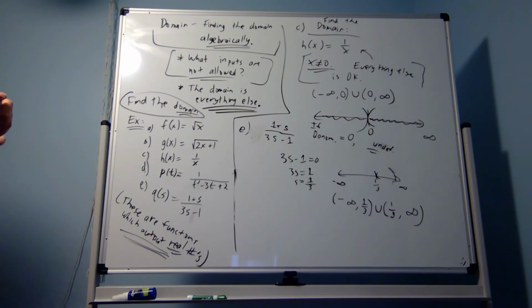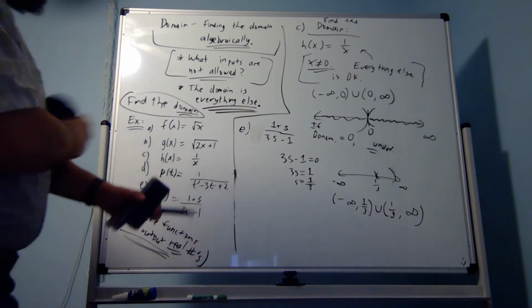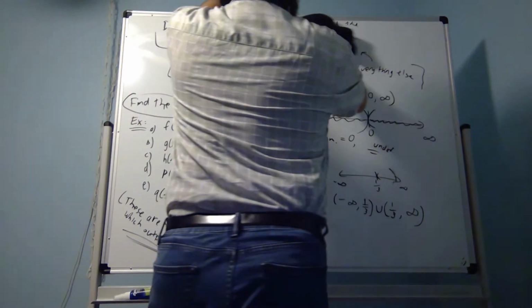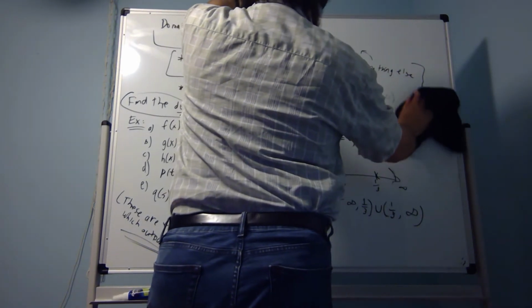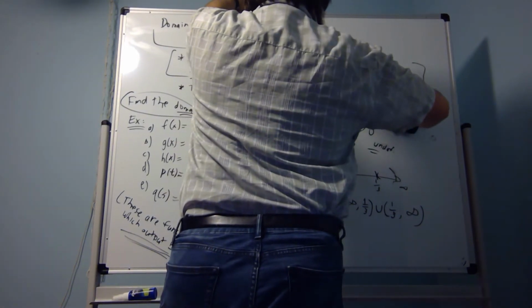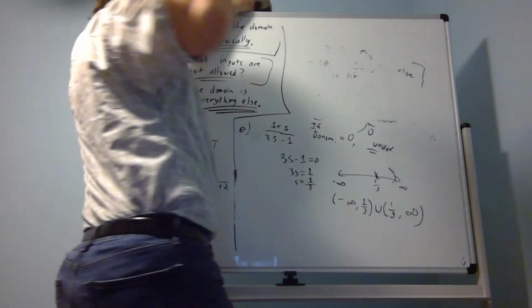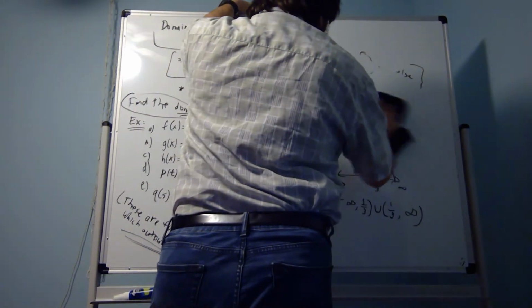Part D has one observation that you have to make, and then everything else will be fine. So rewind if you still needed that, and then pause.